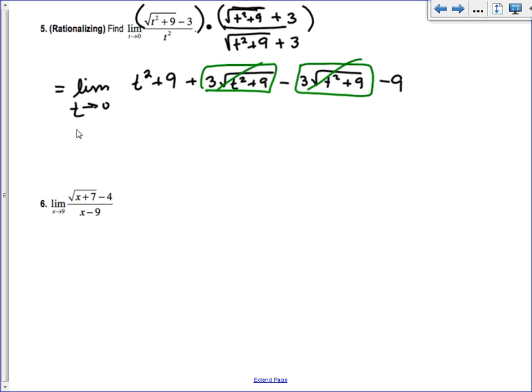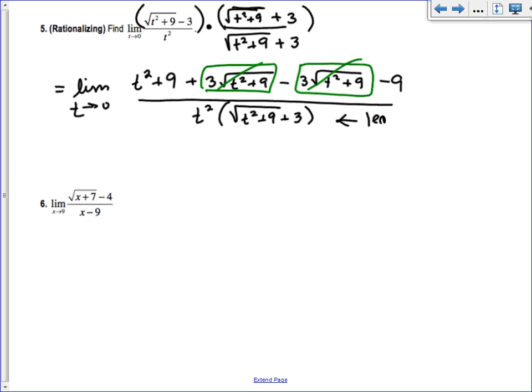Now the bottom, always leave it in its factored form. So write yourself a little note: leave factored. Because if you try to bring in that t squared, it's going to be a mess.